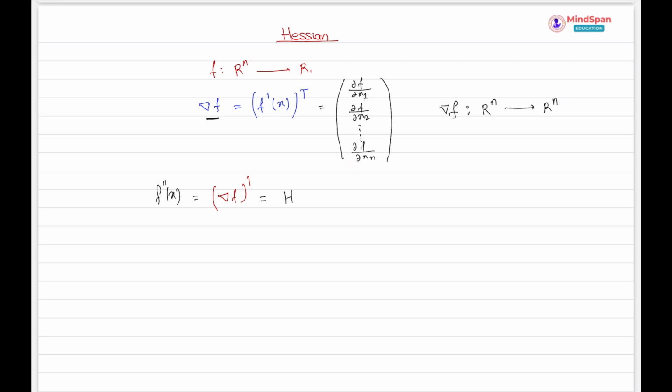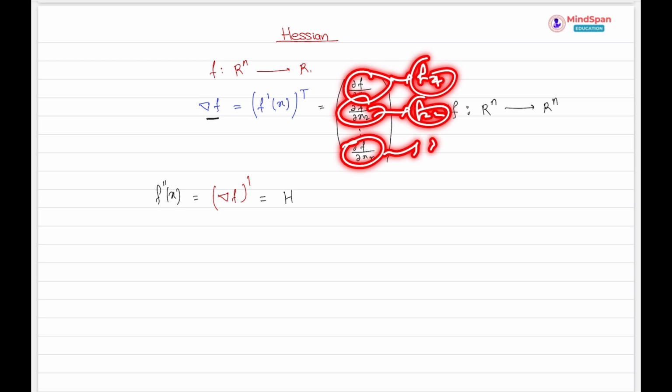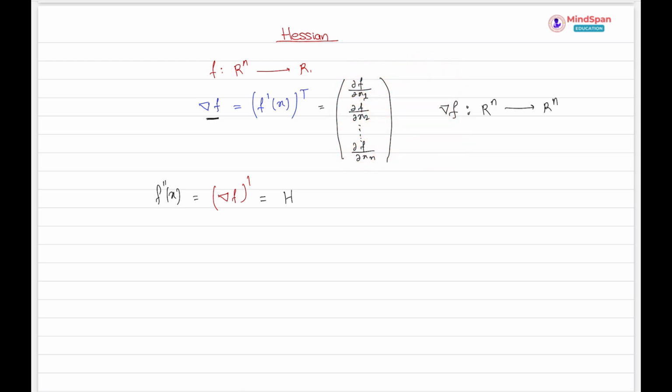And we know how to find the Jacobian matrix, right? So you can think of this as a function f1, and this as a function f2, and this as a function fn, right? And all those will have multiple variables, right?